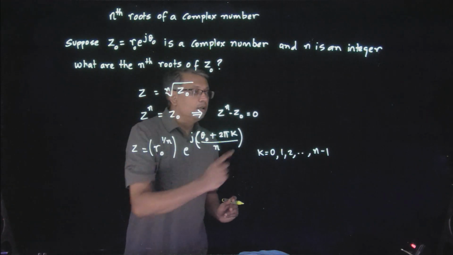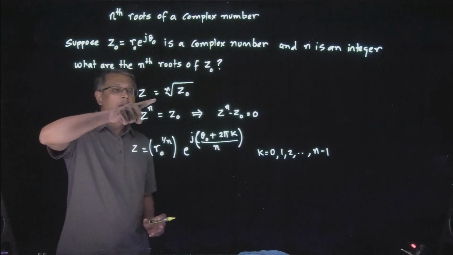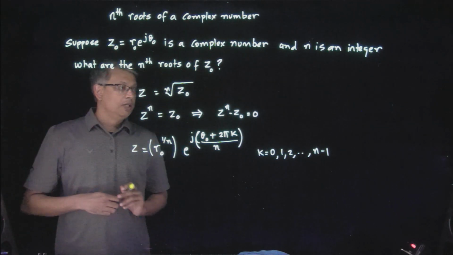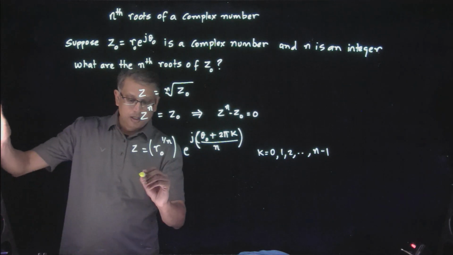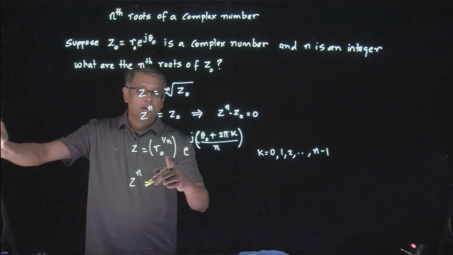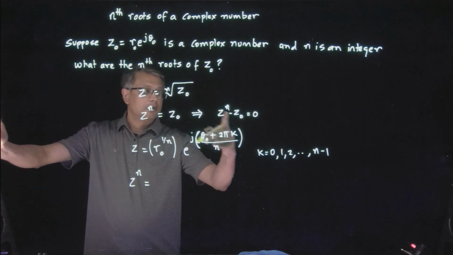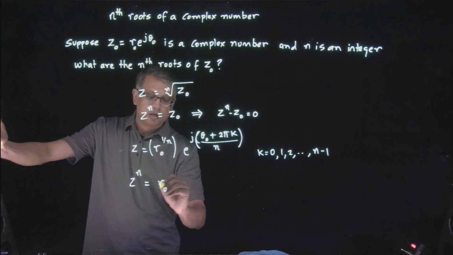And for each value of k, you will get a different complex number, and that will be an nth root of z naught. And again, to see why this will be an nth root of z naught, you can see that if you raise z to power n, what happens? The first term, when you raise it to power n, is going to give you r naught.